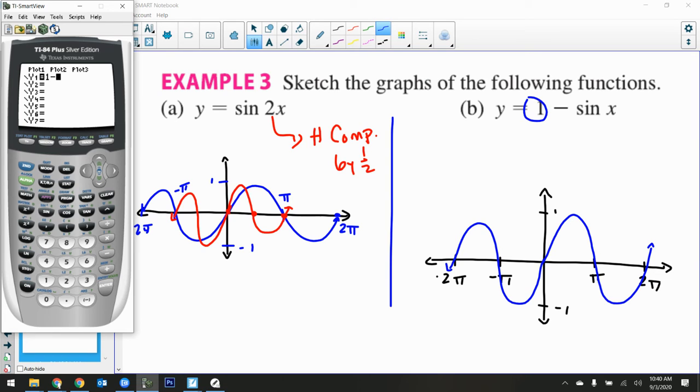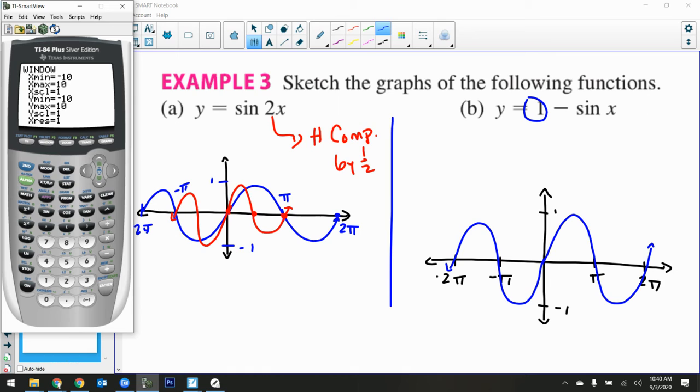1 minus sine x. Okay, let's see what happens here. Oh, that's not right. That's still on a scatter plot. Hold on a sec. There we go. I'm going to zoom 6. Good. I always like to change my window around and work with trig ratios. So I've got window.